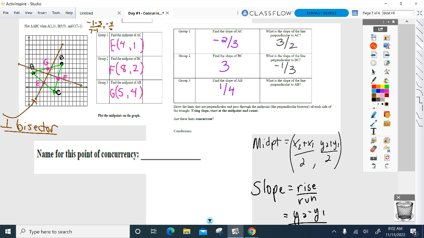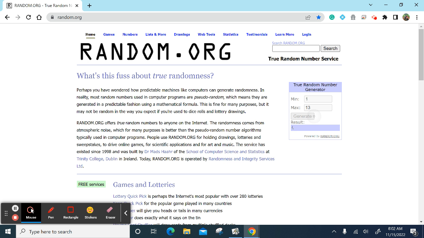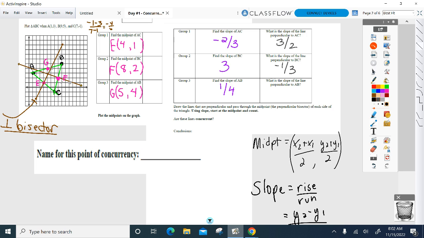One more to go. And you'll notice something about these perpendicular bisectors. Let's do it for side AB. If side AB has a slope of 1/4, what about the perpendicular line? It'll have a slope of negative 4.